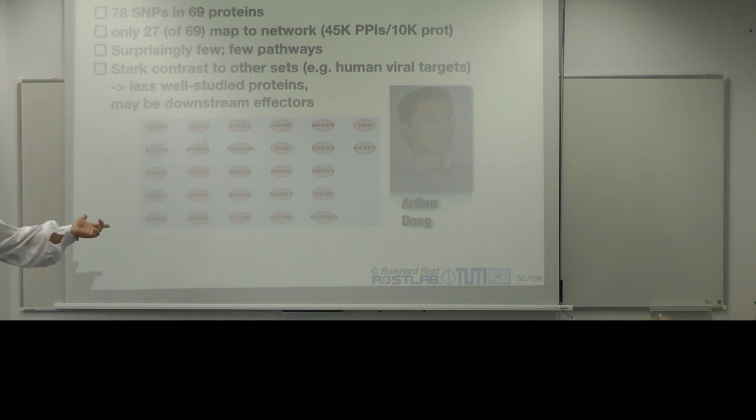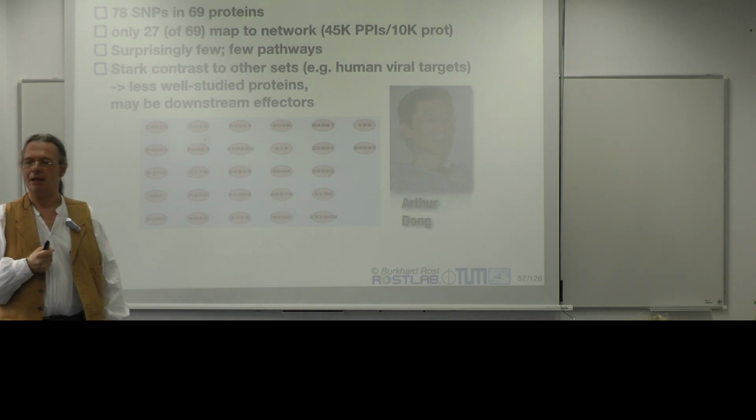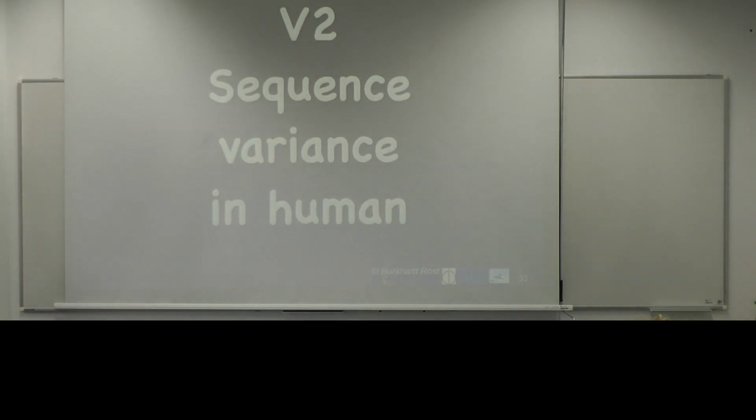The interactions are these dark black lines that you see between these circles. So essentially there's absolutely nothing that we know about any of these proteins. There's no interaction known. We wanted to see how do these 78 change the data set of protein interactions. Zero signal. And those kind of things were the problem.